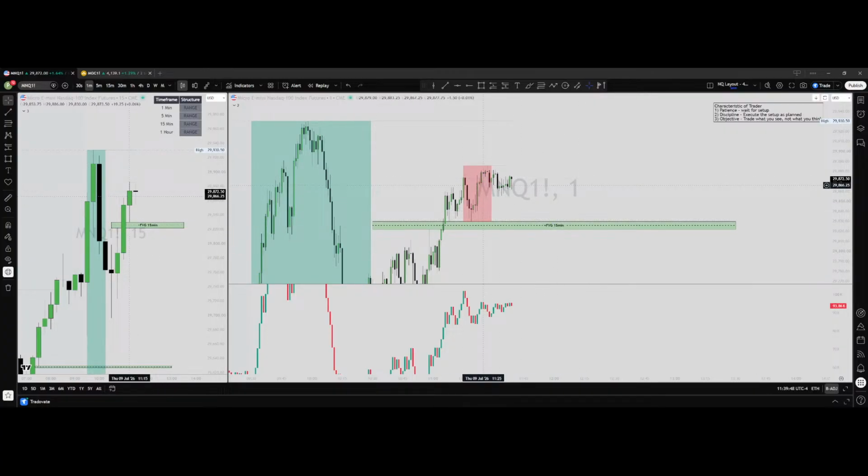Look what price is doing in the last 15 minutes. It has just slowed down. There's only one 15-minute fair value gap right here, still open.